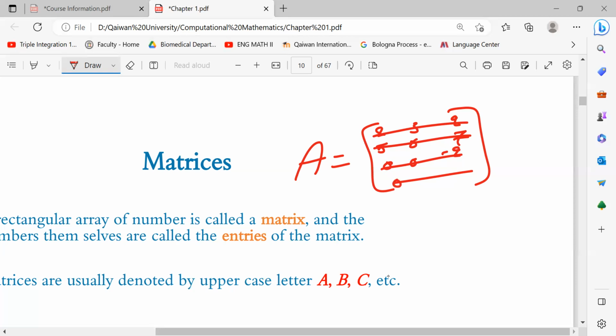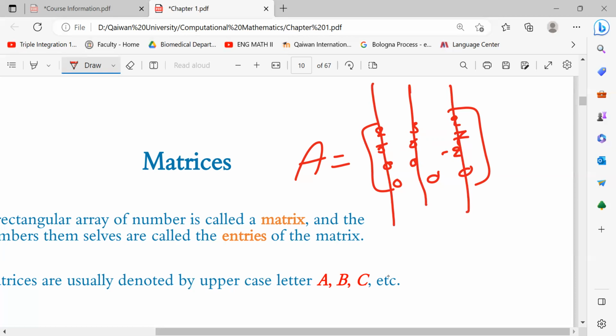We have this matrix. In this matrix, how many rows do you have? 4. We have 4 rows. The number of rows is the number of horizontal lines. And how many columns do we have? Look at the vertical ones. 1, 2, 3.